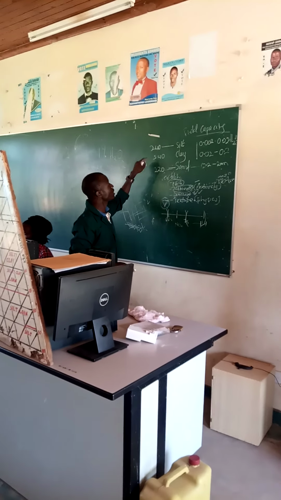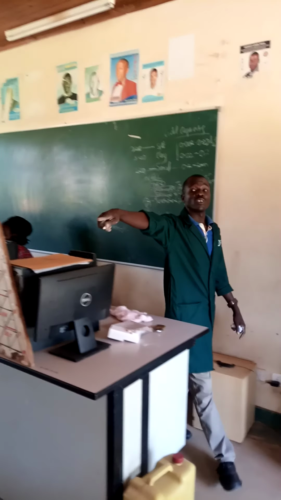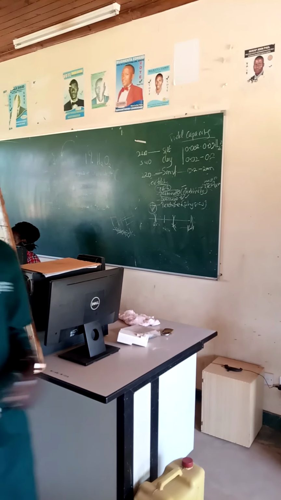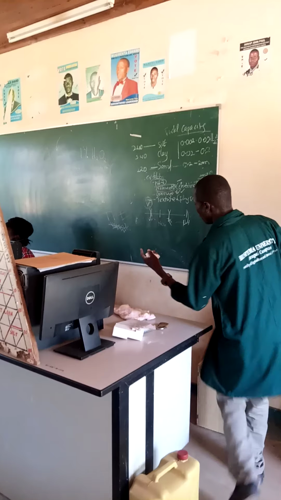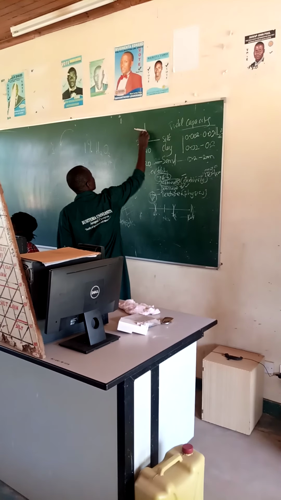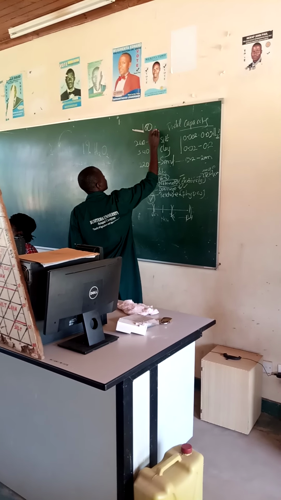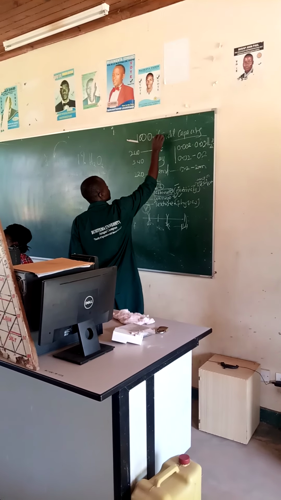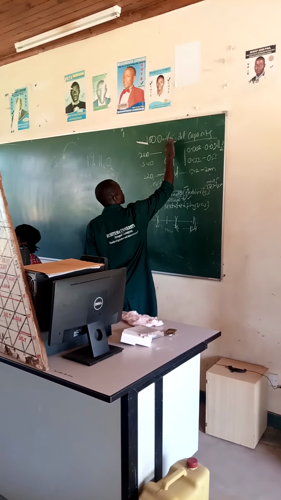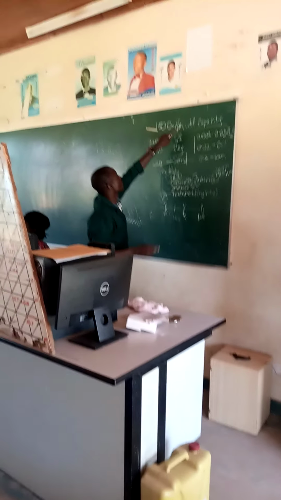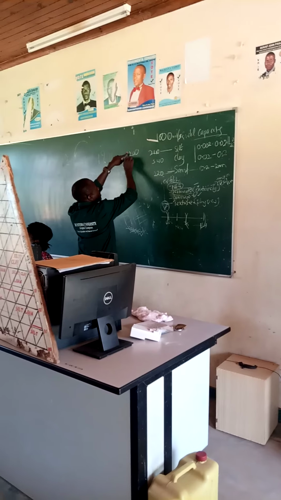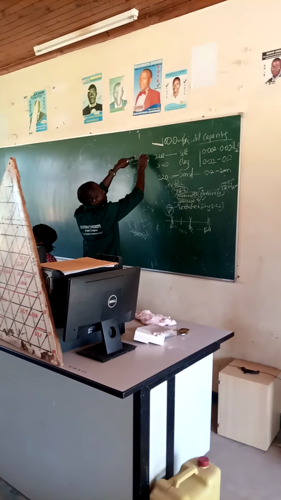Now you get for me the percentage of this. I hope when you add this one here, it will take you to 1,000. If we have 1,000 mils, which is the same as 1,000 grams, now get 240 over 1,000 multiplied by 100.